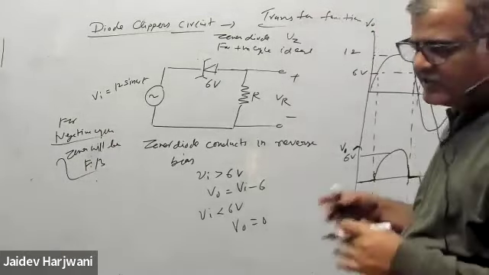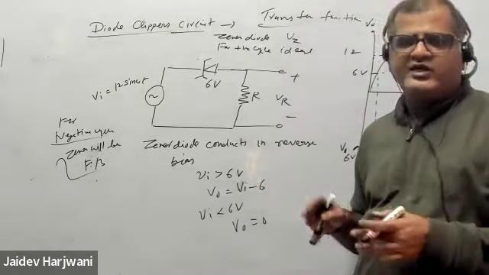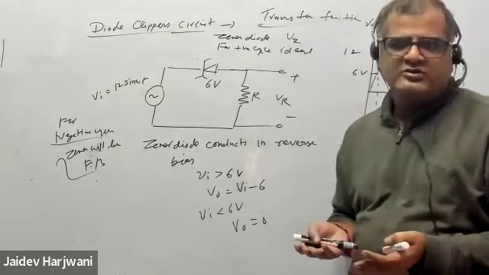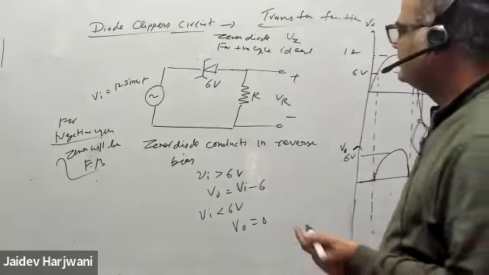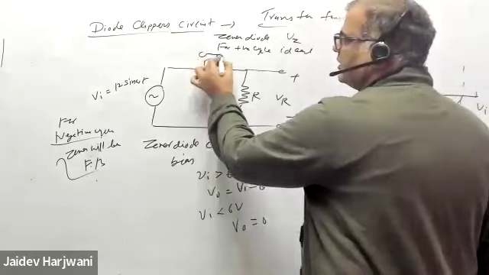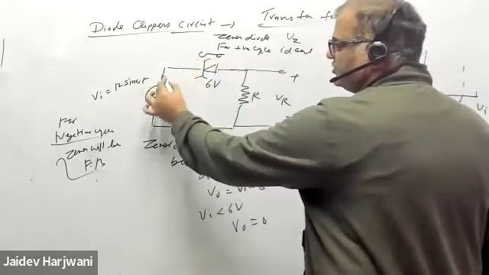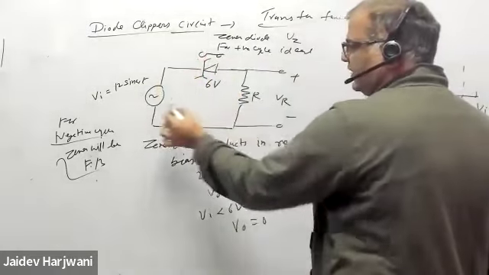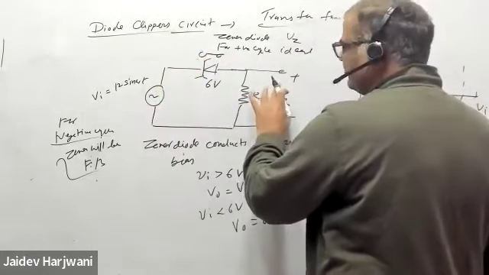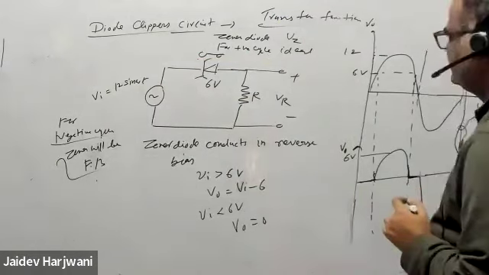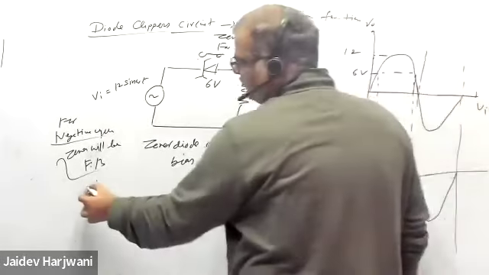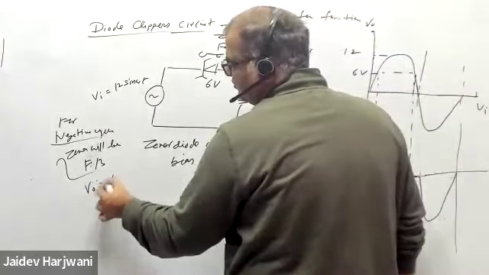And it's ideal, meaning it does not even require 0.7. So this becomes a short circuit, and the whole voltage comes here. That means your V output is equal to V input. Yes or no? So in the negative cycle, your V output is exactly equal to V input.